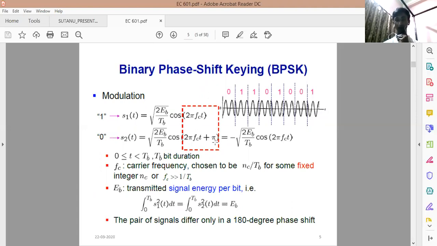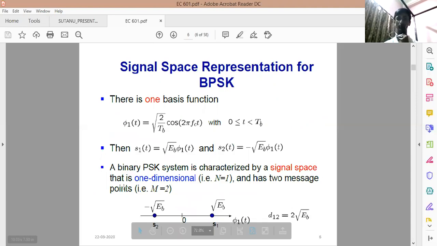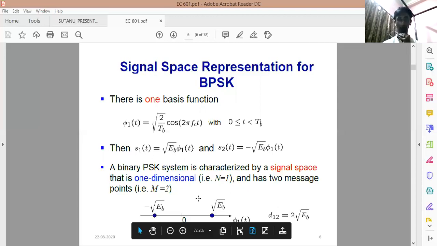That means if I analyze it using an energy constellation diagram, we find there are 2 points on the axis of our basis function. In case of basis function phi 1(t), we have two energy points, which have an absolutely 180-degree phase shift relationship between them.